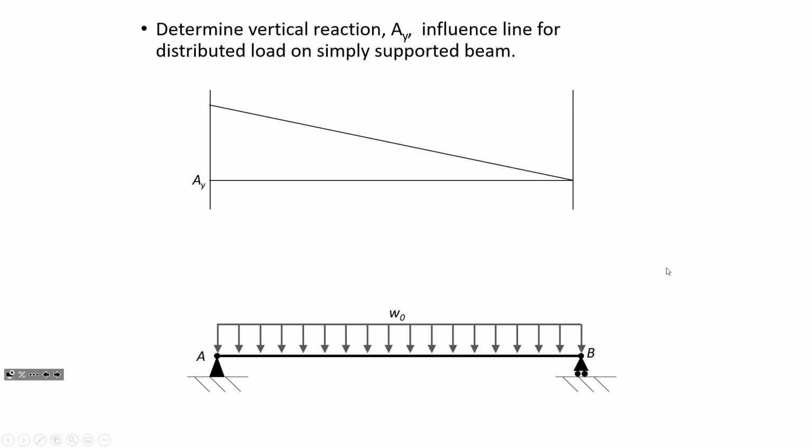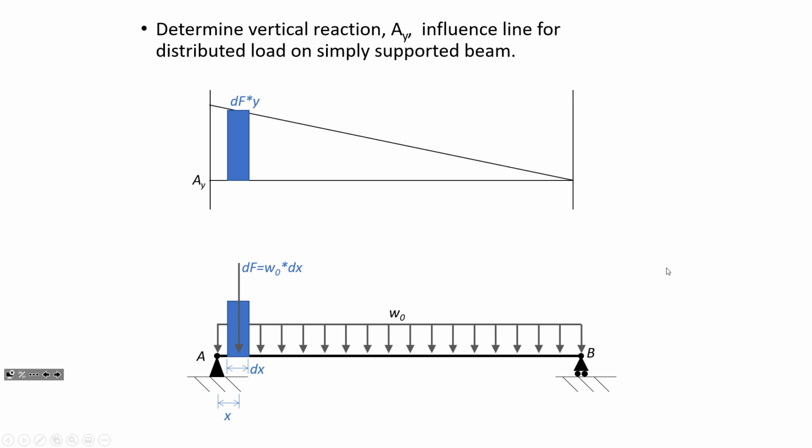I have a distributed load though, so I'm going to apply a very small force, that value of my distributed load times a small width dx. And that would result in an AY of df times that value, right?